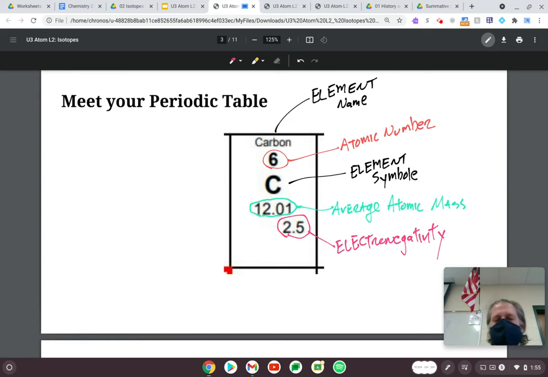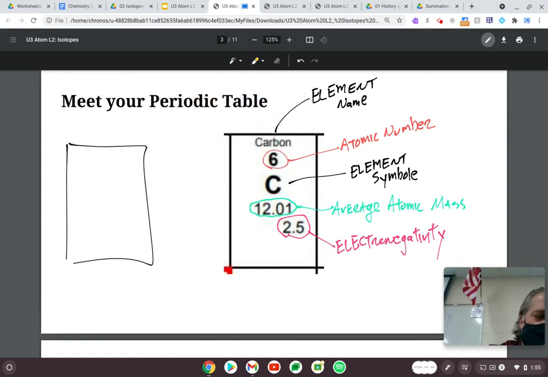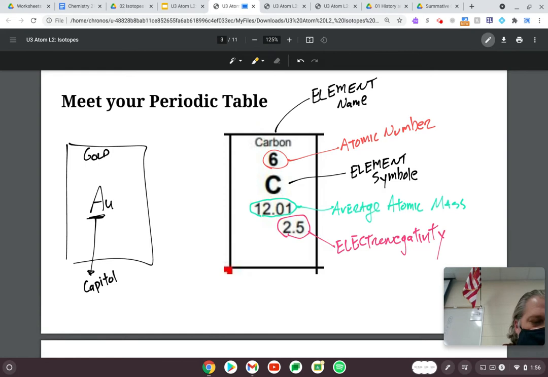So that's the basics. But you might notice that some other elements on the periodic table are written a little bit differently. For example, Au is gold. What I want you to notice here is that the A is capital and the U is lowercase.